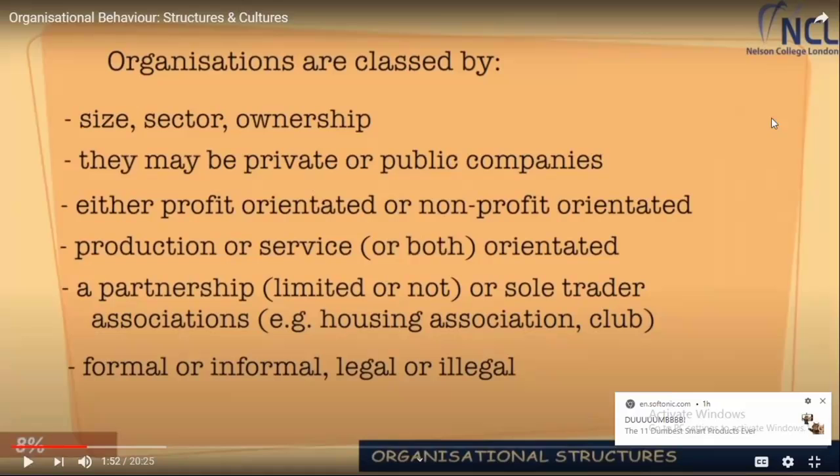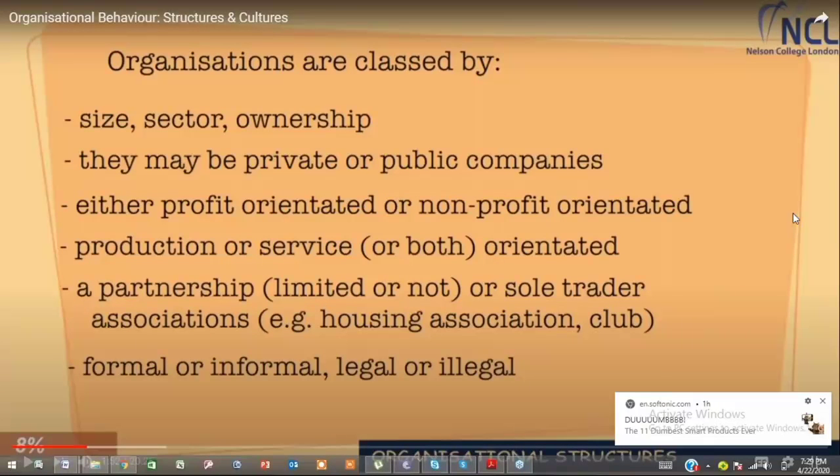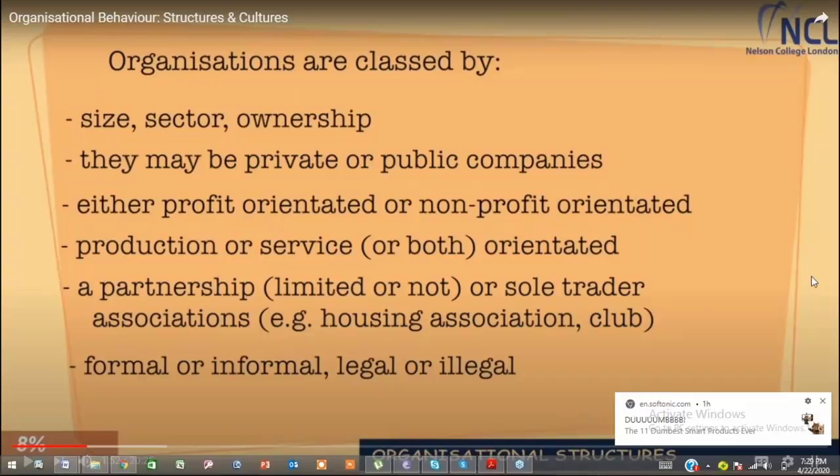So we're going to be looking at what is being said here. Organization is classed by size, sector, ownership. So if you ask a question like how is an organization classed, you know it's classed either by size or sector. Size means either medium, large or small.